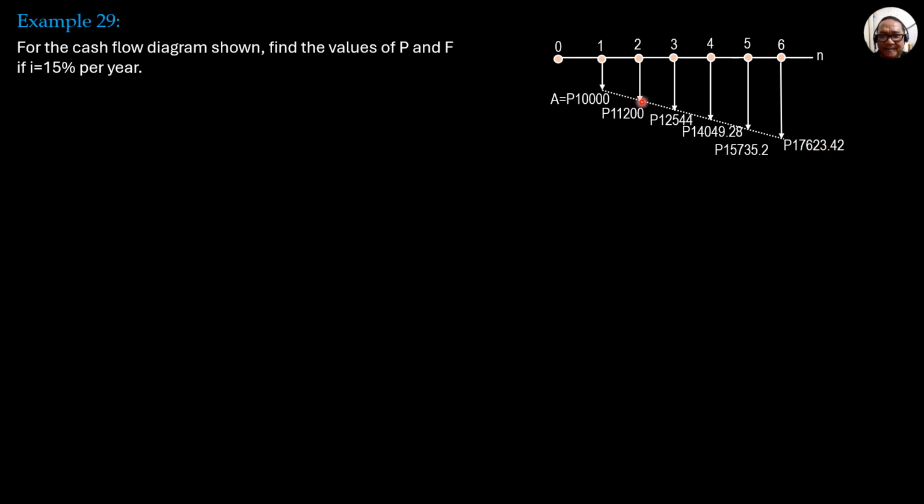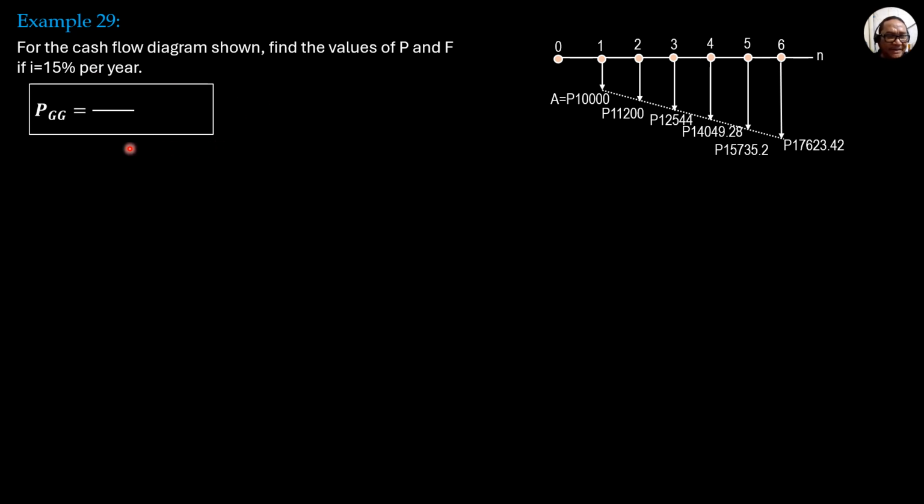So the present worth of uniform geometric gradient derived in the preceding slides is A over 1 plus i, quantity 1 minus q to the n over 1 minus q, where q is not 1 in this case because r is 0.12 and i is 0.15.